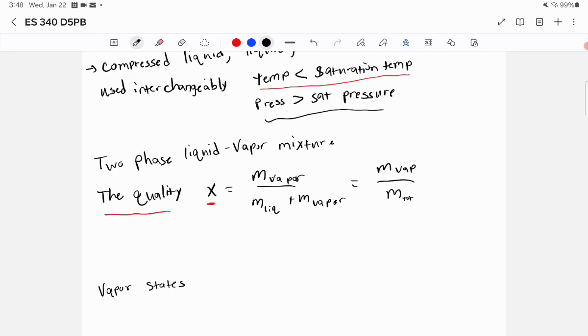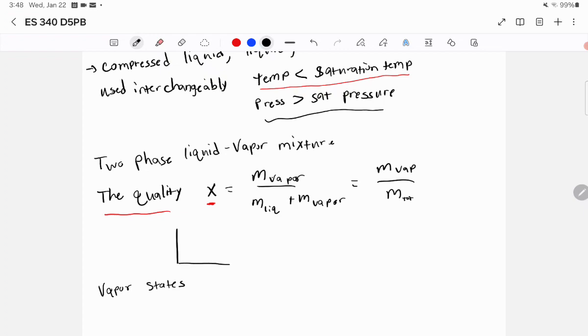Obviously, on the other end, you could get to the saturated liquid state by having zero mass of vapor, right? So that would give you a quality of 0. So the quality goes between 0 and 1, and the closer it is to 1, obviously the closer to the right-hand side of that curve we are. So remember, the curve looks something like this.